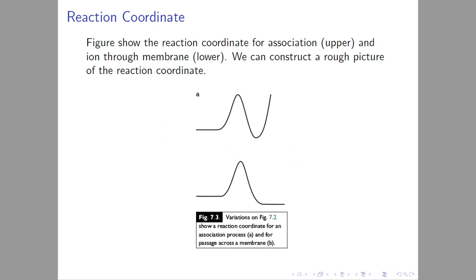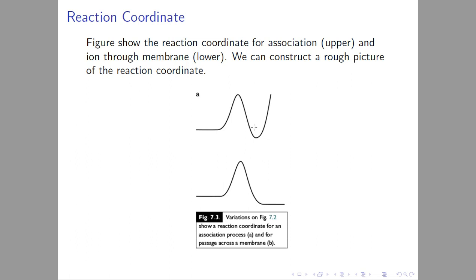Using this reaction coordinate, we can also see association. In our textbook, figure 7.3 is for association: these are the reactants and these become the product.